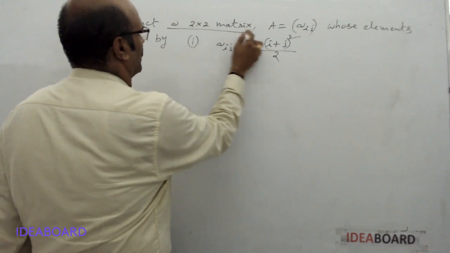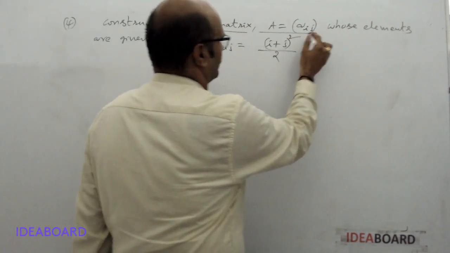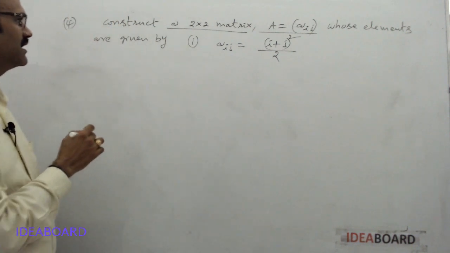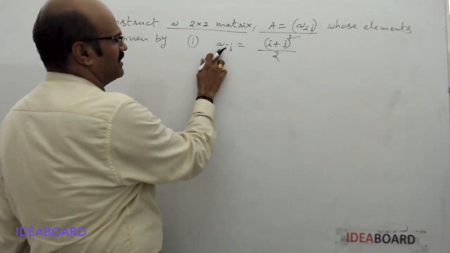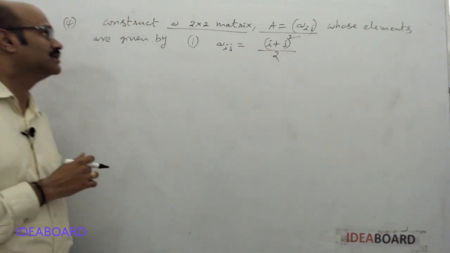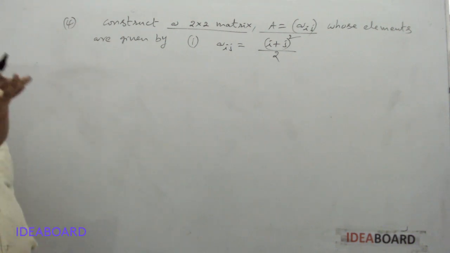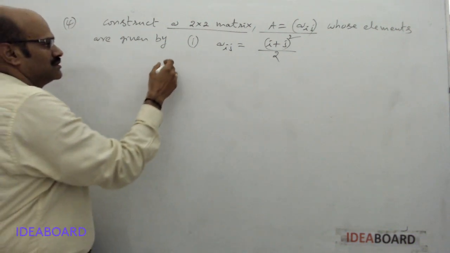Construct a 2 by 2 matrix A equal to the matrix Aij, whose elements are given by, each element Aij should be equal to (i plus j) whole square by 2. We have to write a 2 by 2 matrix. First let me write the general form of a 2 by 2 matrix.